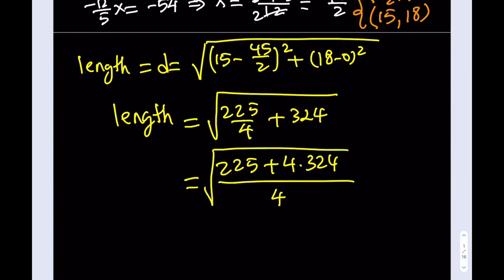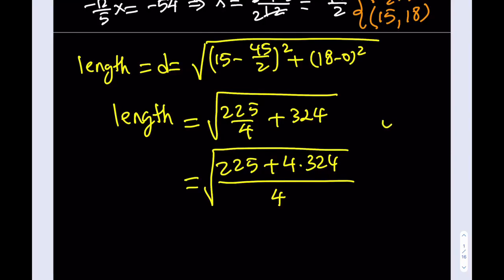So what I need to do here is multiply 4 times 324, add the 225, and then we're just going to take it from there. Okay, what is 4 times 324, right? That's going to be 1,296.